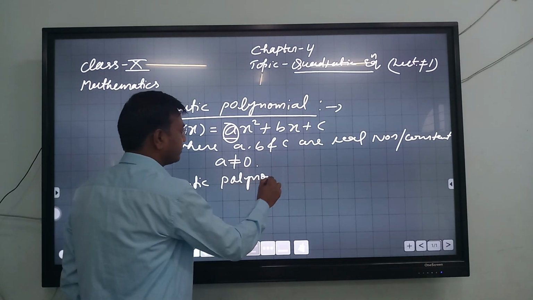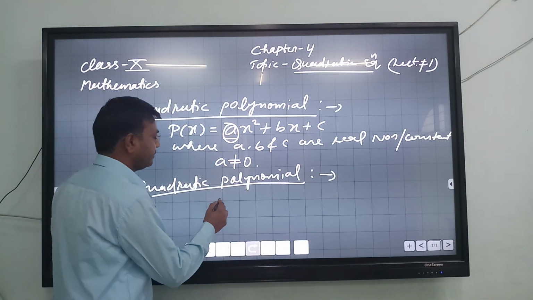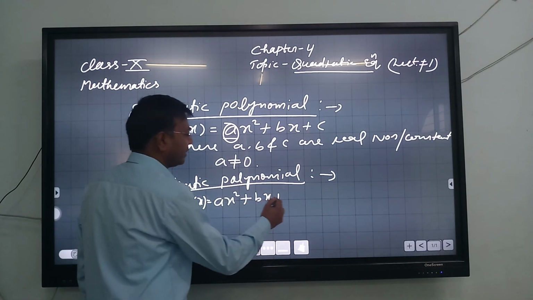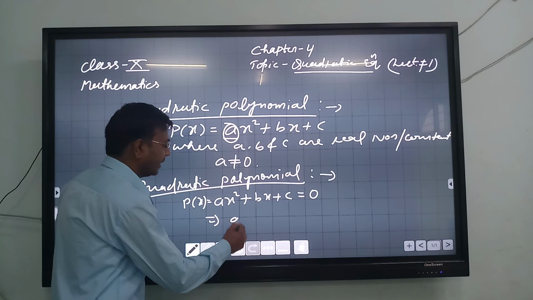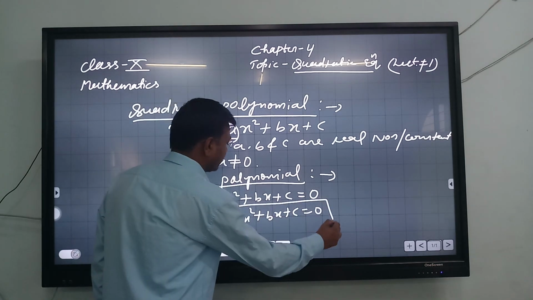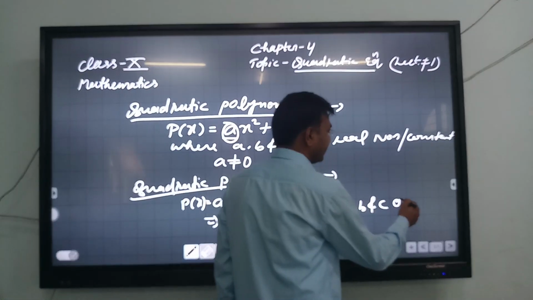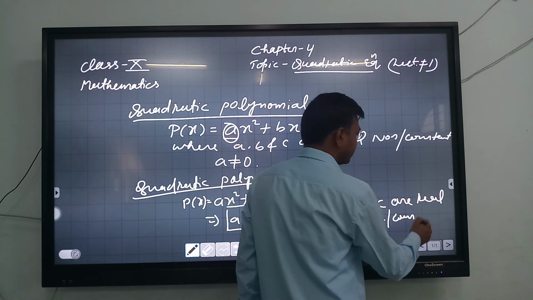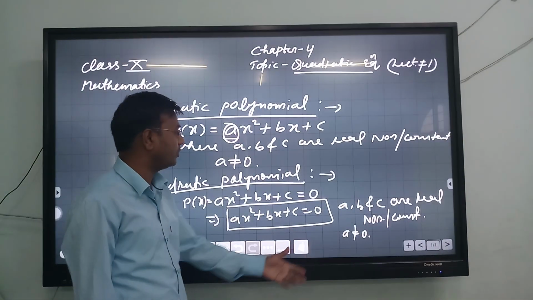So if p(x) is equated to 0, this implies ax square plus bx plus c equals 0, where the restrictions are the same: a, b and c are real numbers or constants, and a is not equal to 0. That is the same restriction.